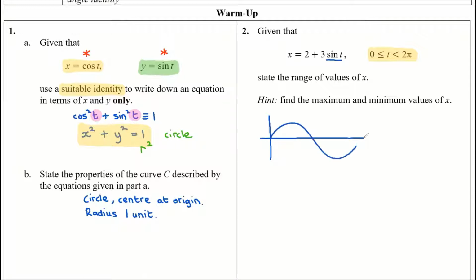It completes one full period, and we have the nodes at 0, pi, and 2 pi, like that. So this would be y equals sine x, or something like that, if this is the x-axis and this is the y-axis.